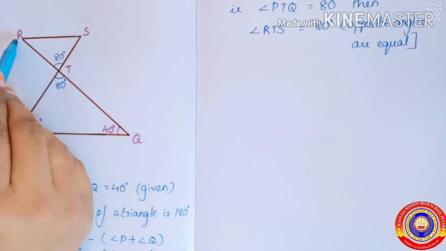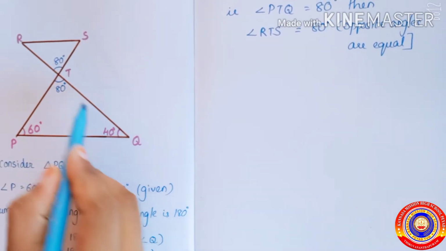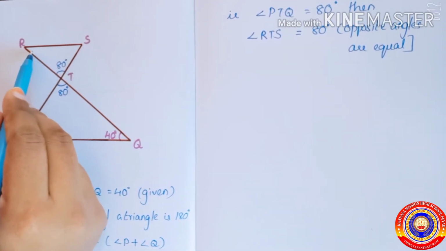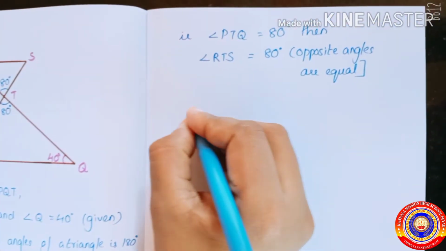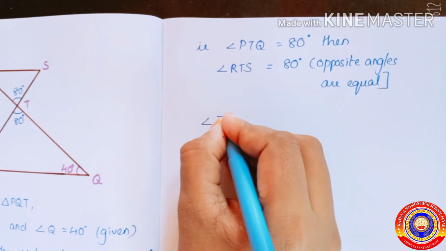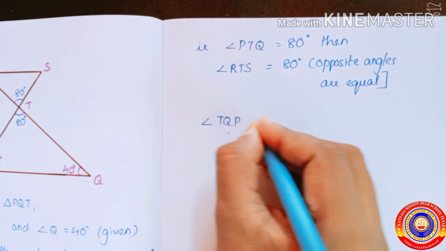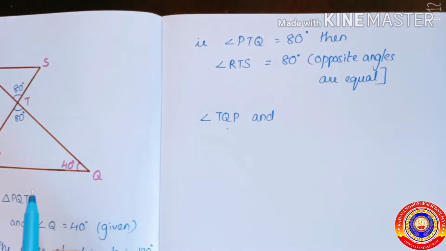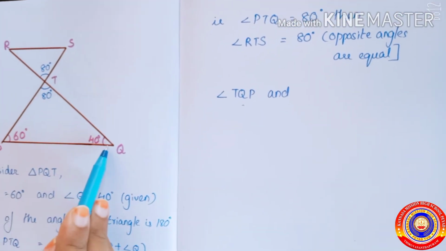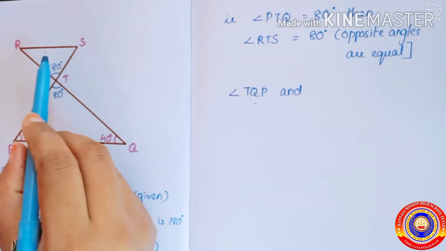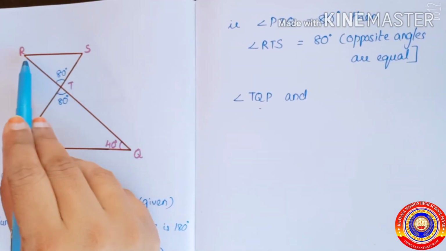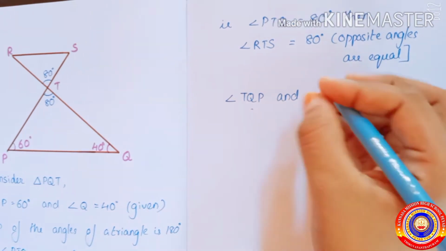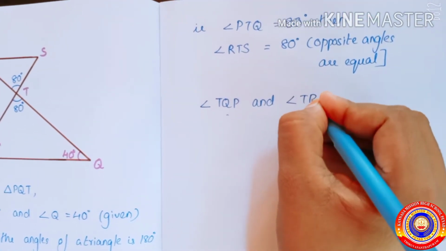When two parallel lines are cut by another line, they form different angles. So here in this figure, angle TQP and angle TRS are alternate angles.